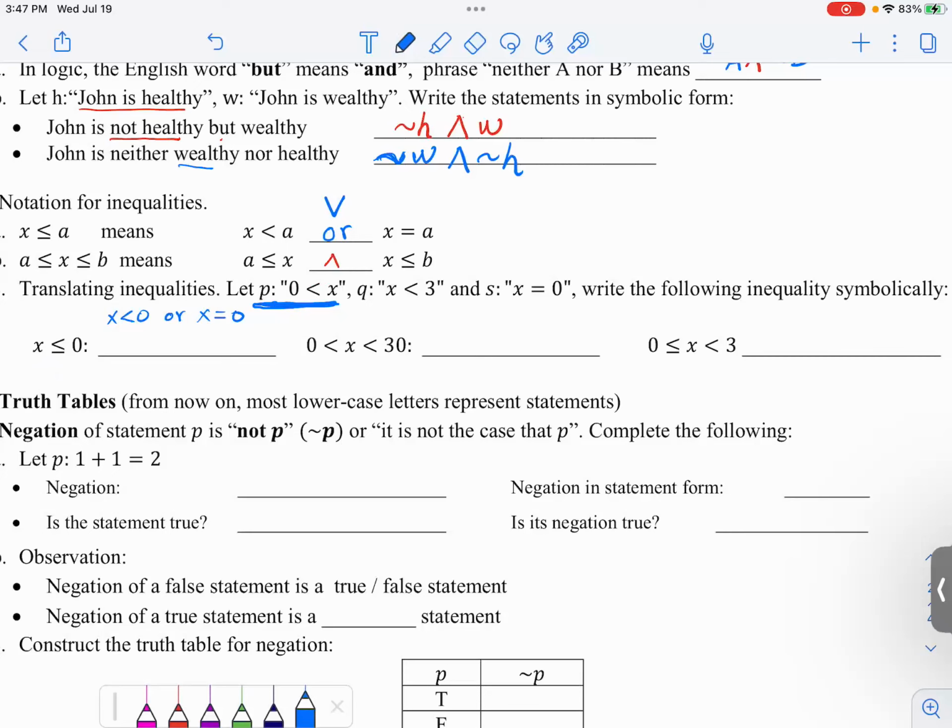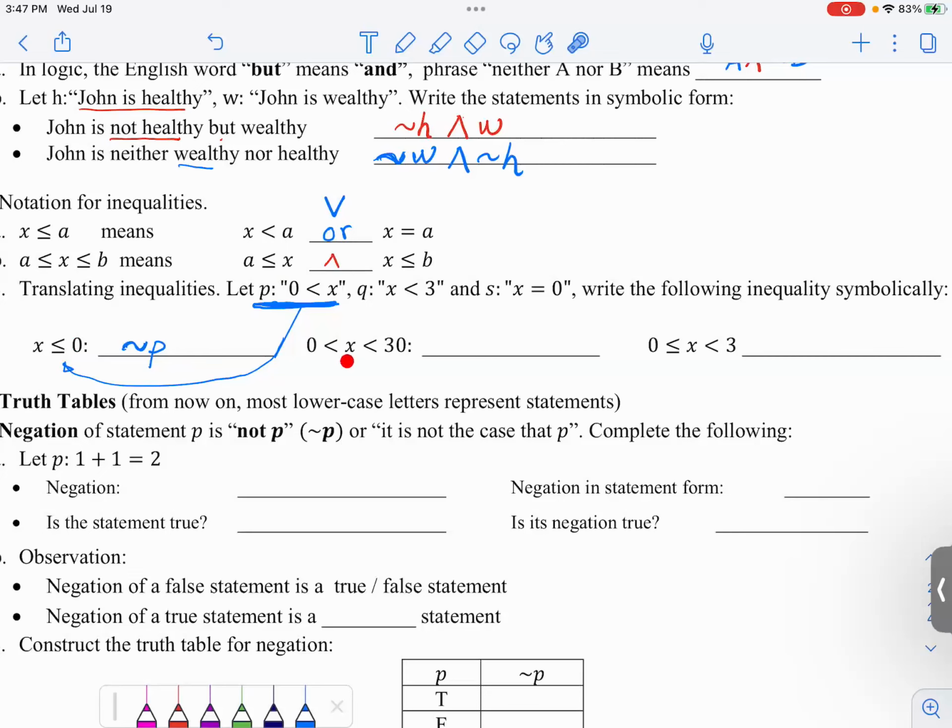This is not the case that x is greater than 0. So actually we just say not P. Otherwise it can be a little complicated, so I'm not going to go that route. Just observe that this is just the opposite of this one. So it's going to be not P.